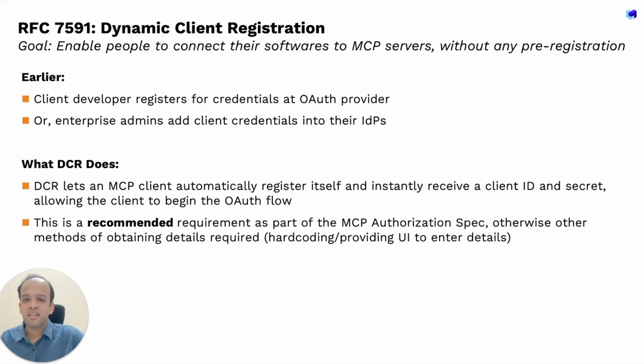This raises a few issues which we'll talk about shortly, but overall this is a very nice thing to do. This is not a requirement, but a recommendation as part of the spec. If dynamic client registration is not there, the spec mandates that either the client ID and secret is hard-coded in some manner, or a UI pops up where the user is prompted to enter that information.